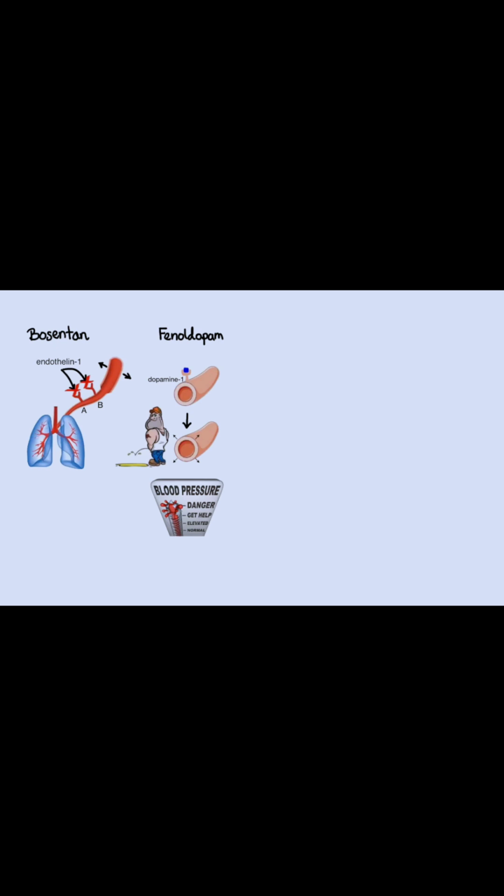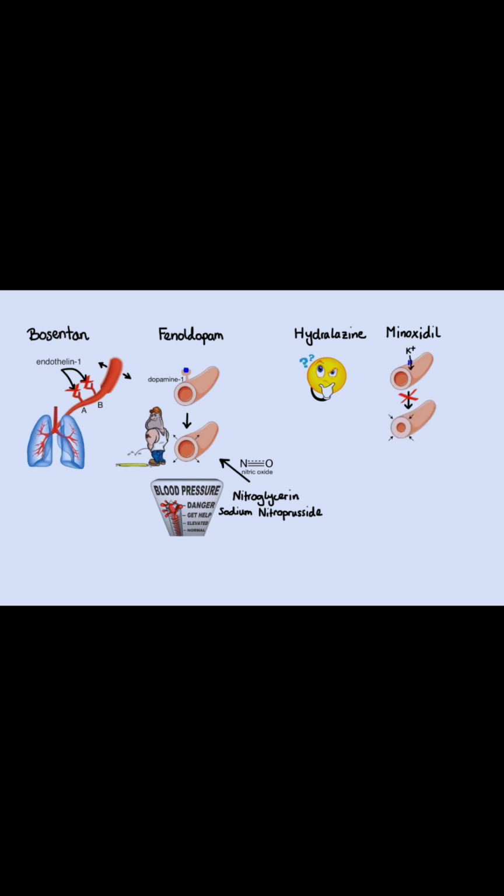Other fast-acting agents that are also used for hypertensive emergency are sodium nitroprusside and nitroglycerin, which simply serve as a source of nitric oxide, a potent peripheral vasodilator. Lastly, we have direct-acting smooth muscle relaxants, namely hydralazine, with mechanism of action that has not been entirely determined yet, and minoxidil, which works by stimulating opening of ATP-activated potassium channels in the smooth muscle, which leads to membrane stabilization, making vasoconstriction less likely.